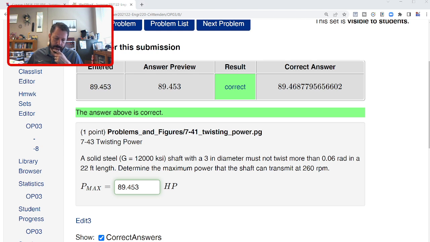I wonder if I just took the radians out of this. No, it still doesn't change it over there. So there's something in there that it is not converting correctly. Pi over 32 d to the fourth. G is 12 million psi.